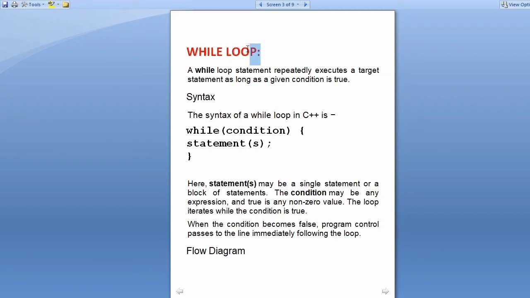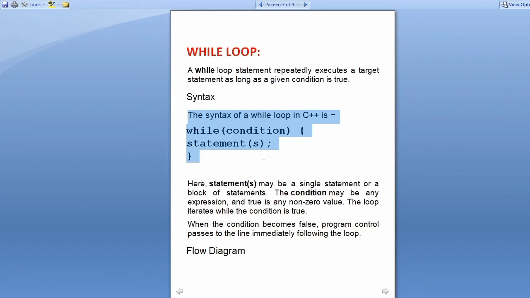So here is the while loop for you. A while loop statement repeatedly executes a target statement as long as the given condition is true. This is the syntax of a while loop.